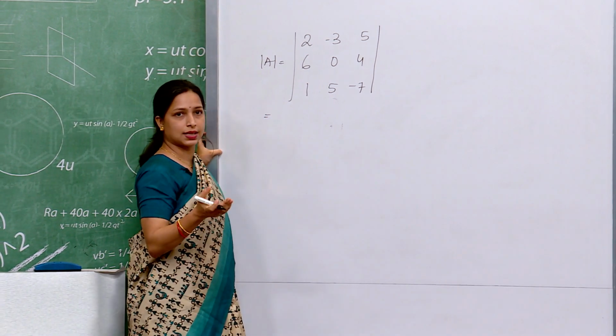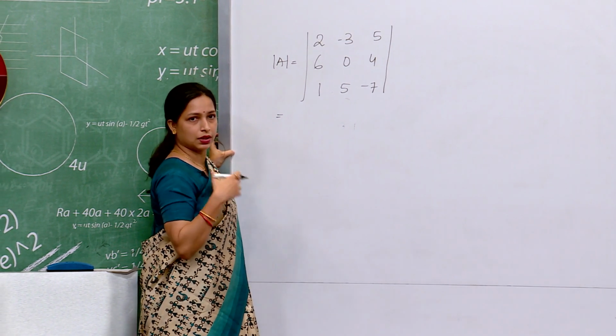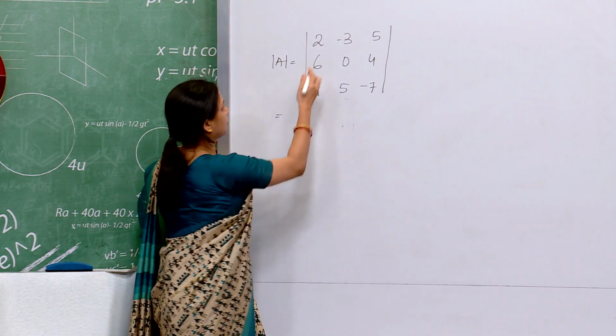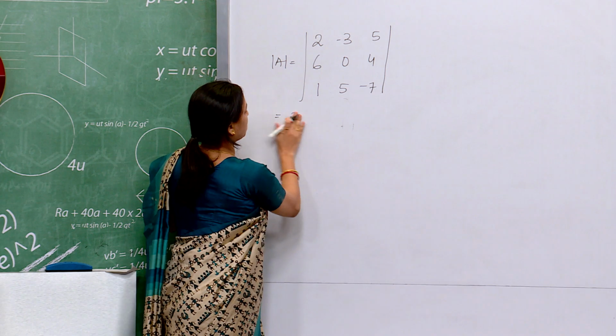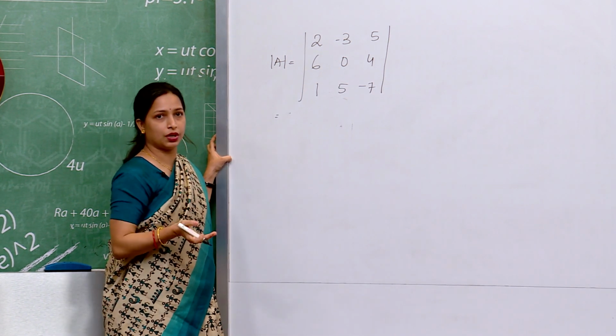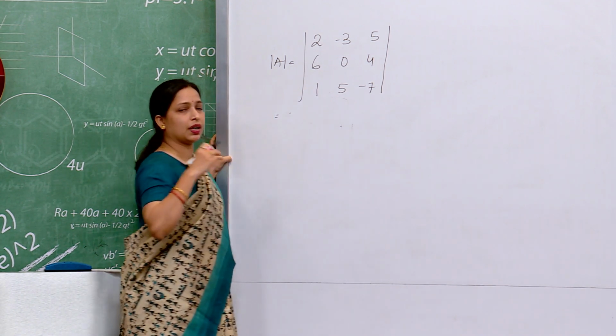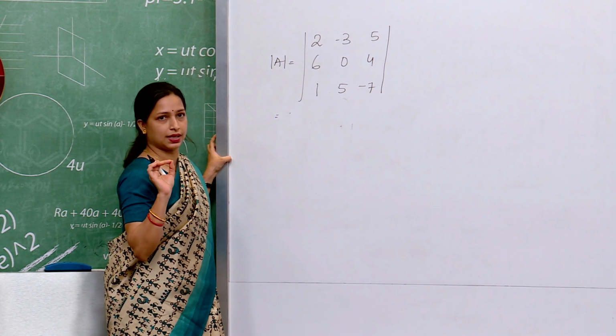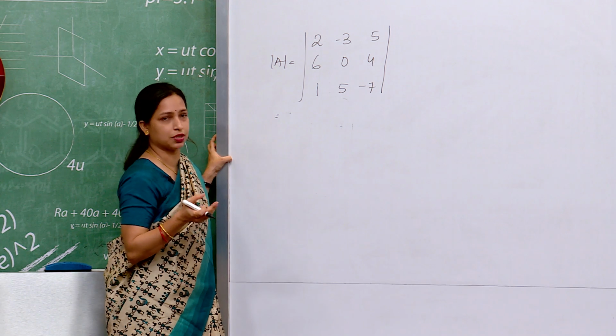We have all discussed in the earlier class how to find the determinant of an order 3 matrix. Now I see there is a 0 in row 2. I have told you already to try to take a row or column where 0 is there, so that it will simplify your calculations.